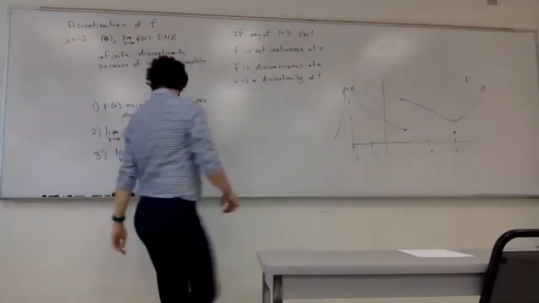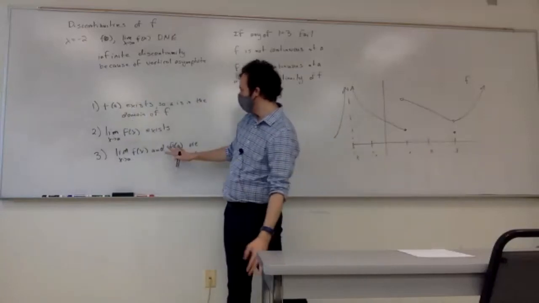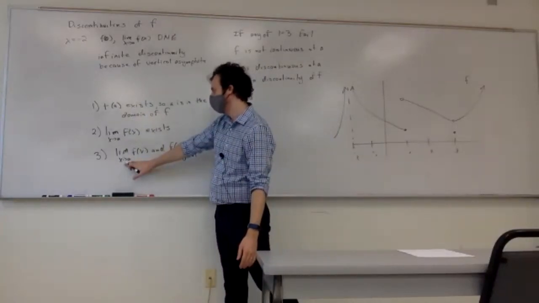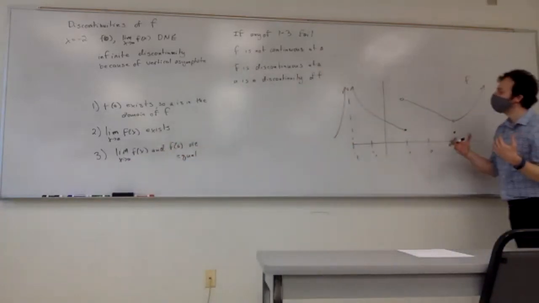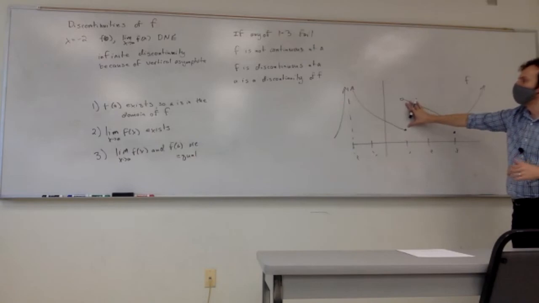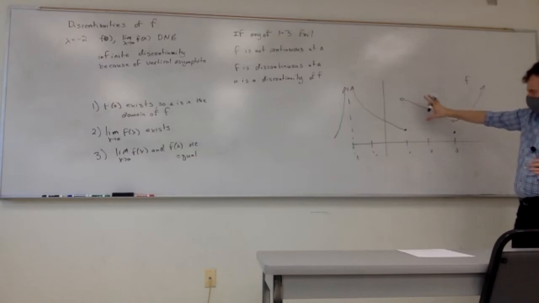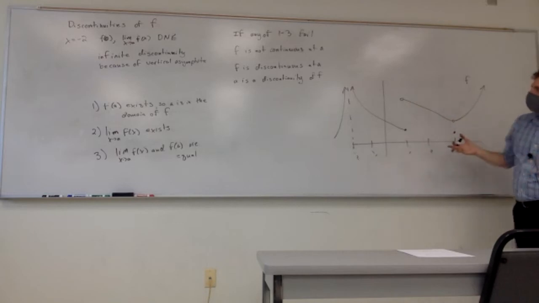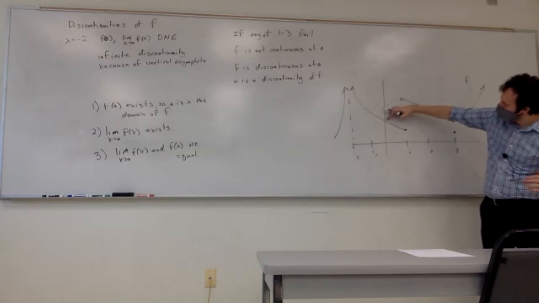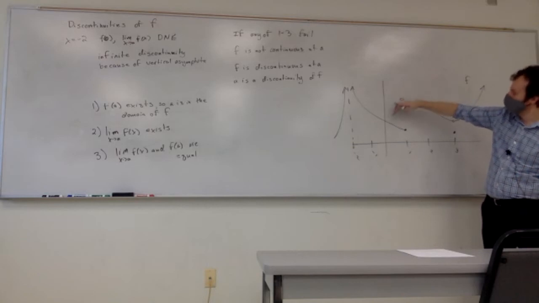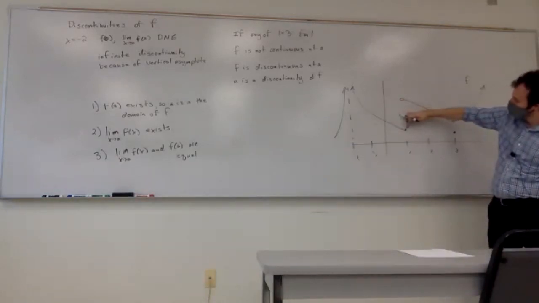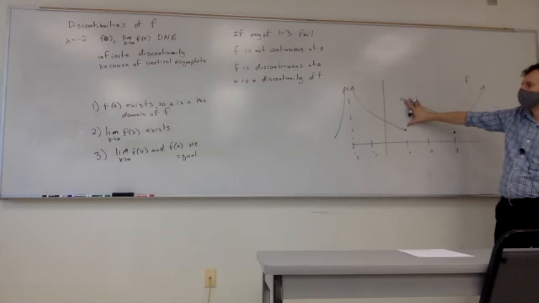In this phrasing, it kind of assumes this limit exists, and we have a problem before we even get to that where there's this jump. Why this limit doesn't exist is, we've seen this in a few cases, as you come from the right, you're going up to this hole, whatever height that is. As you're coming from the left, you're going down to this dot, whatever height that is, and those numbers aren't the same.